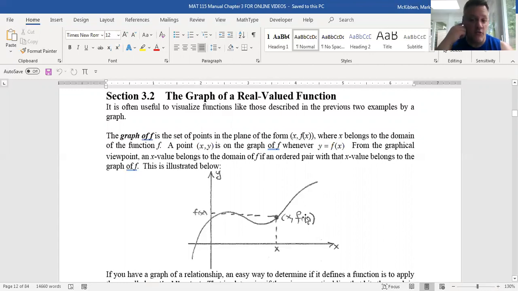So for instance, if it was y equals x squared, if I put 2 in for x, I get 4 for y. That means f of 2 is equal to 4. But that also means that 2 comma 4 is a point on the graph of y equals x squared. So there's that back and forth correspondence between the algebra and the geometry.